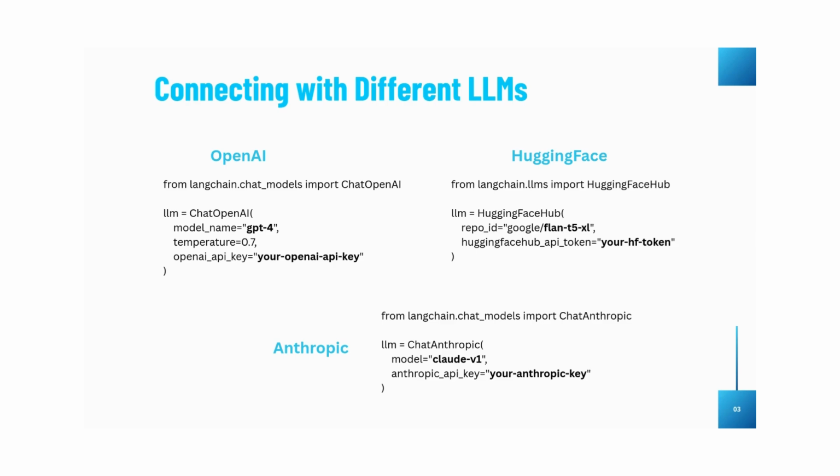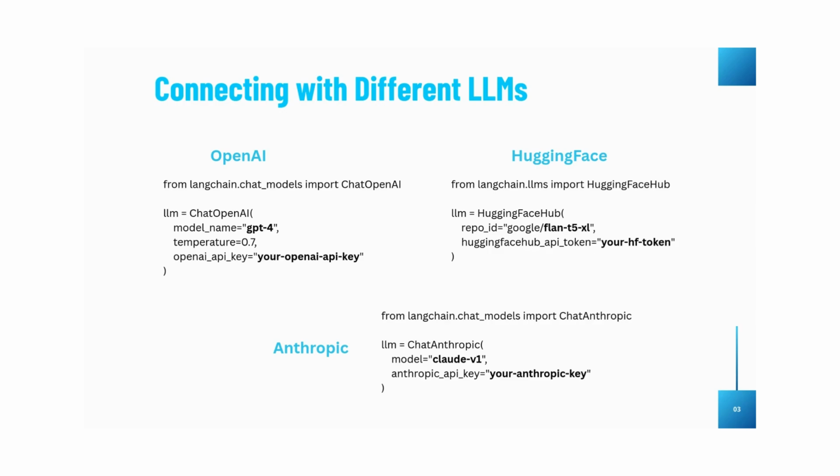Here you can see the model name Claude V1 and Anthropic API key. To get the Anthropic API key, you need to create your account in console.anthropic.com. Once you create your account, you can create your API key. Claude is a great option if you are summarizing large documents or need more thoughtful responses.